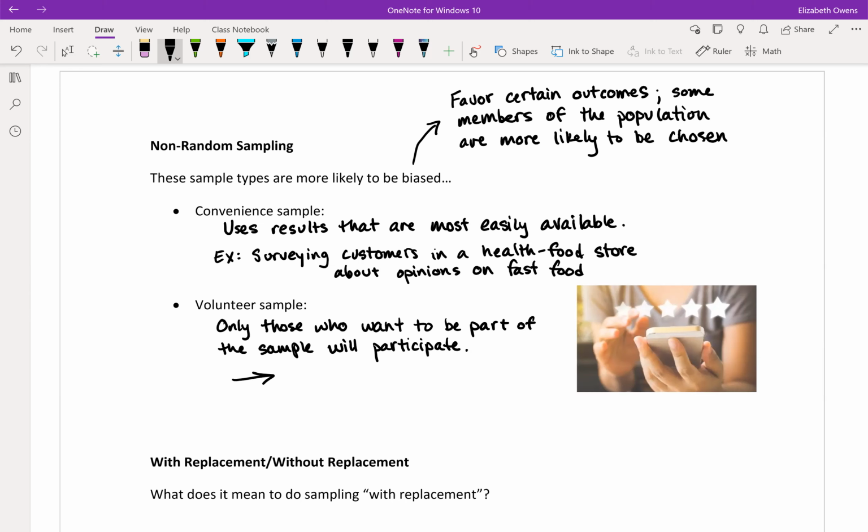This is also called a self-selected sample because people are choosing themselves to be part of the research or part of the sample group.